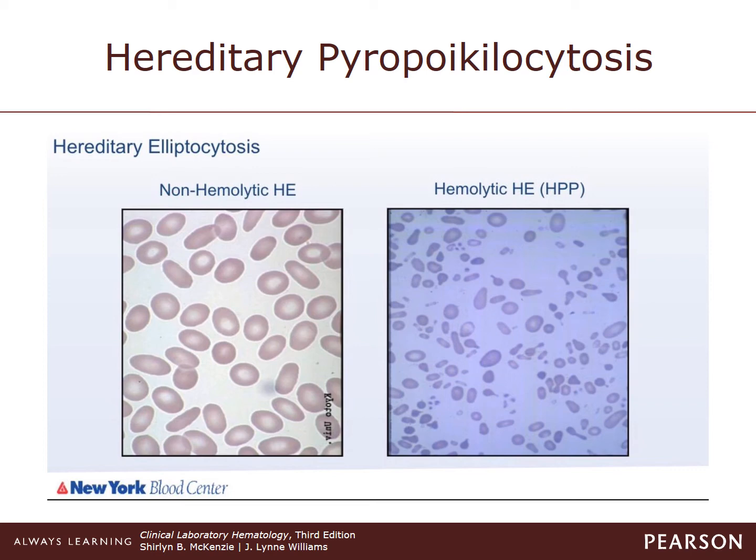The problem here is a deficiency of alpha spectrin. Now, patients can be homozygous for spectrin mutations or doubly heterozygous. There is a disruption of the skeletal membrane lattice that causes the destabilization and fragmentation and eventually poikilocytosis.